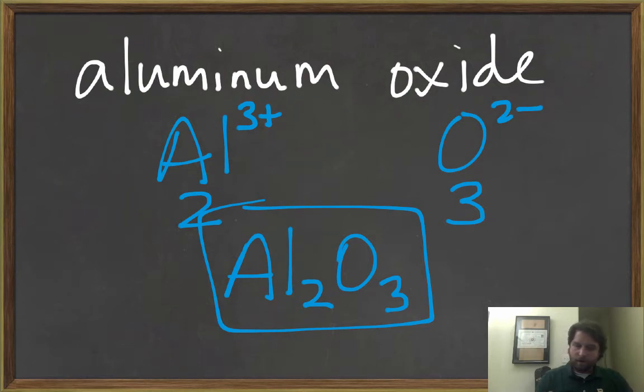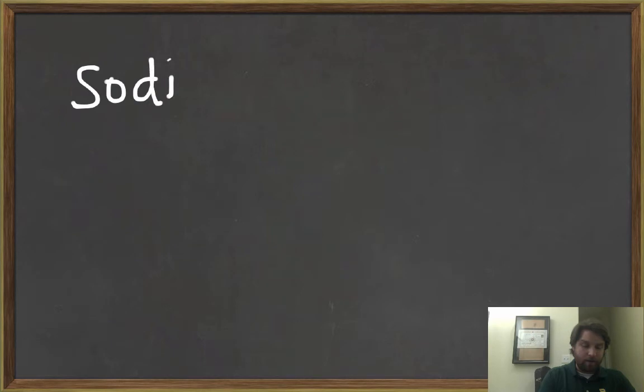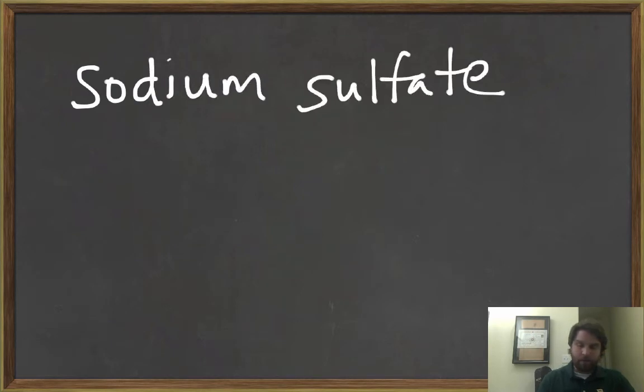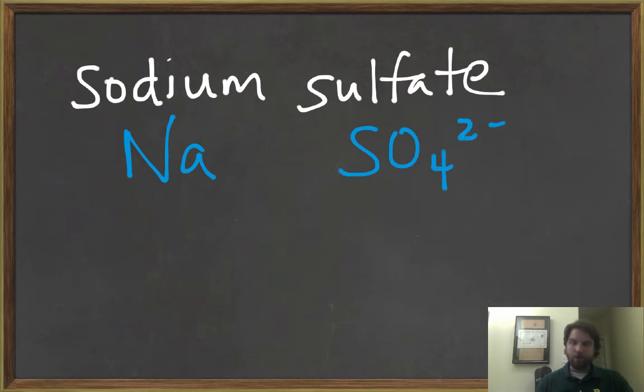All right, let's do some more. Let's use one that has a polyatomic ion, something like sodium sulfate. We know sodium is Na. You remember sulfate from your polyatomic list, which is SO4 with a -2 charge. That's why you're remembering those charges. Sodium is +1 because it's in that first column. So how many of each do we need?